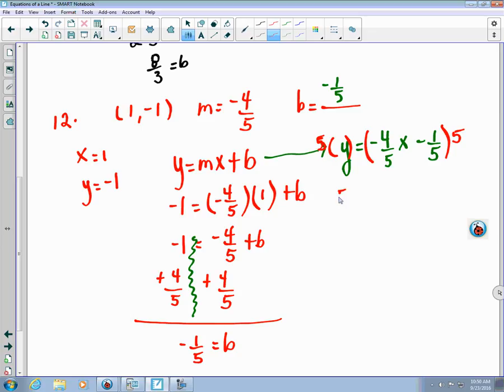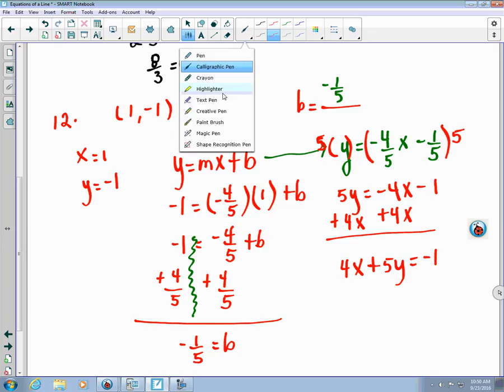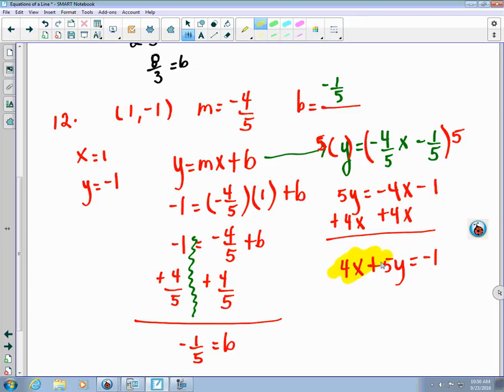So 5y equals negative 4x minus 1. And then I have to add 4x. So 4x plus 5y equals negative 1. All right. Are we good? Yay? All right.